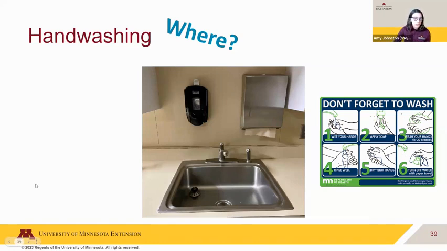If you're in a home kitchen preparing foods as a cottage food producer or just for your personal use, the kitchen sink would be your hand washing sink. A separate sink for other kitchen tasks like washing produce or dishes is not required. A few best practices that I would recommend for at home, especially if you are using your space for cottage food production, is to really prevent cross-contamination. And to do that, clean and sanitize your sink immediately after handling any raw meat, poultry, or fish.